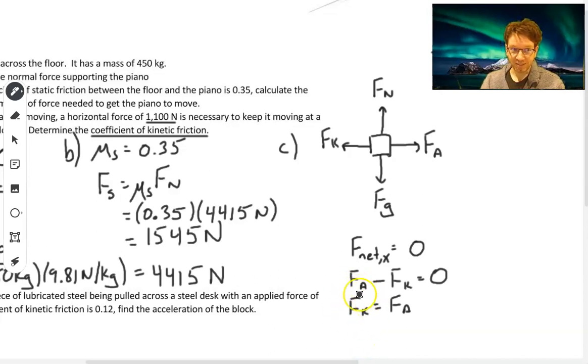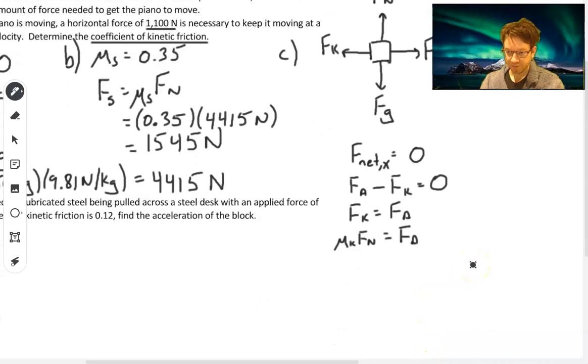Now we have an equation for Fk. It is mu k Fn. So mu k Fn equals Fa. All right, so here's what we're trying to solve for, mu k. So mu k then equals, so divide both sides by the normal force. It's the applied force divided by the normal force.